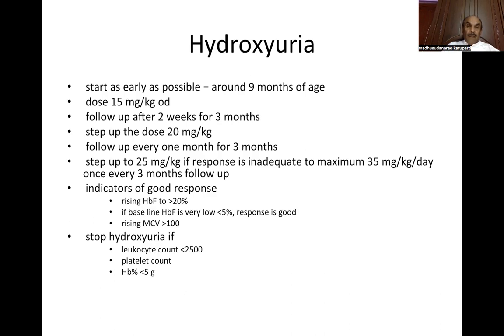Okay. Follow up every 1 month for 3 months. Okay. Step up to 25 milligrams per kg if response is inadequate, to a maximum dose of 35 milligrams per kg per day. So progressively step up the dose and monitor the results with regard to the hemoglobin level and HbF level during each visit. And also monitor the mean corpuscular volume.